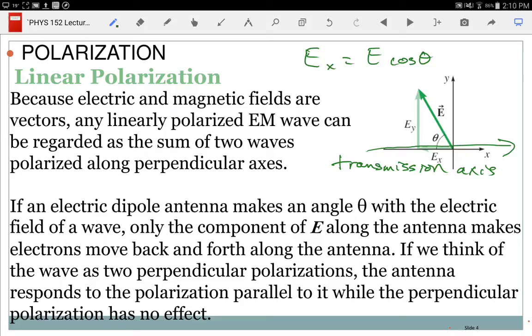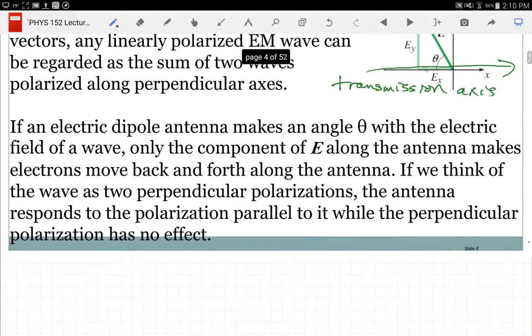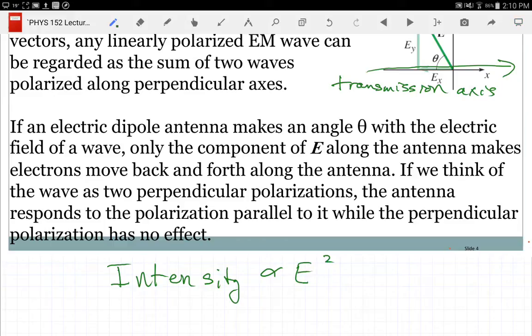And what we measure and see is the intensity. That is the power per unit area. And it turns out that the intensity is proportional to the electric field squared.